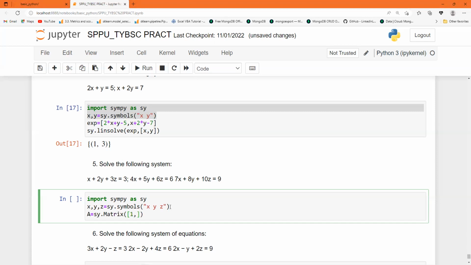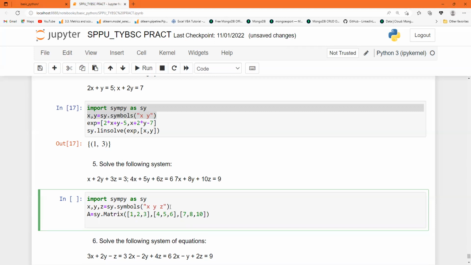So 1, 2, and 3, this is the first row. Second row, 4, 5, and 6. And third row, 7, 8, and 10. So this is my matrix A.